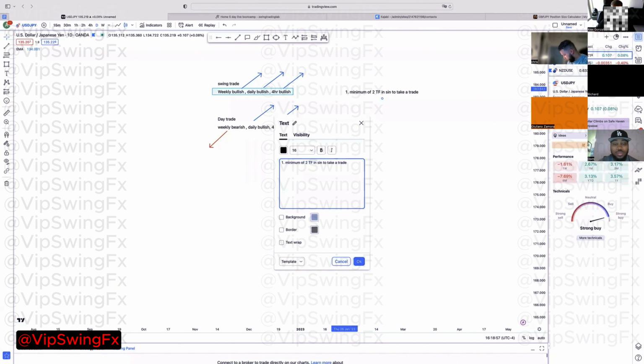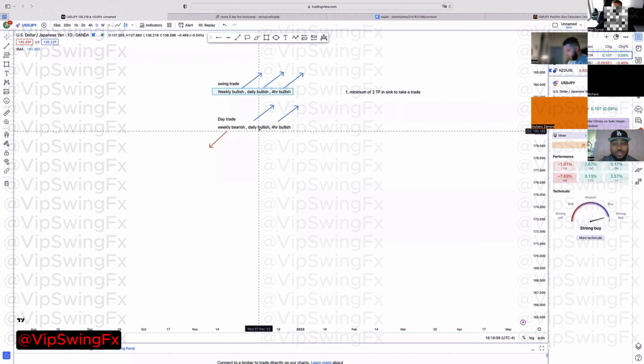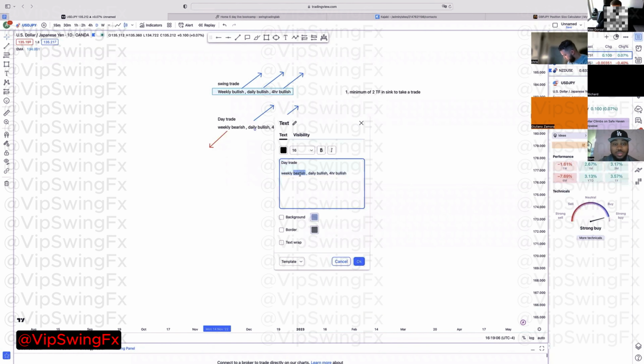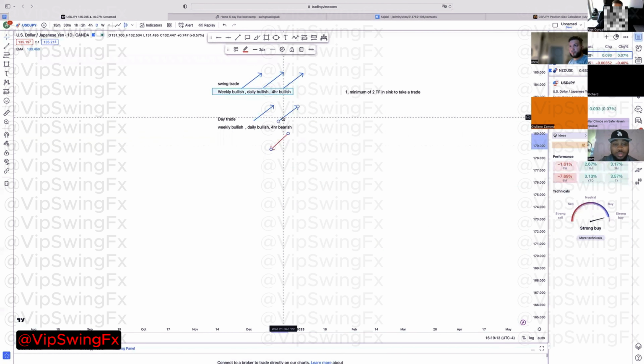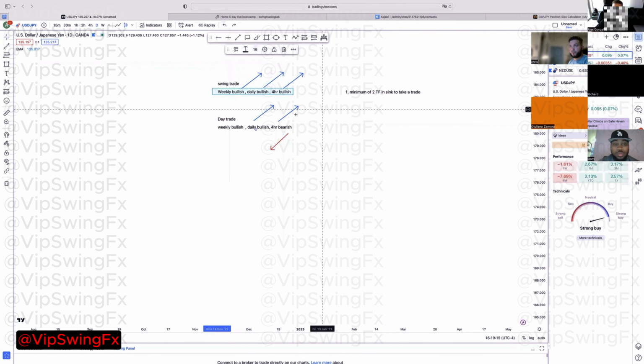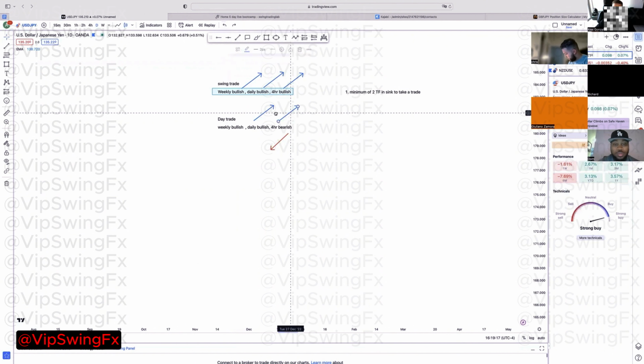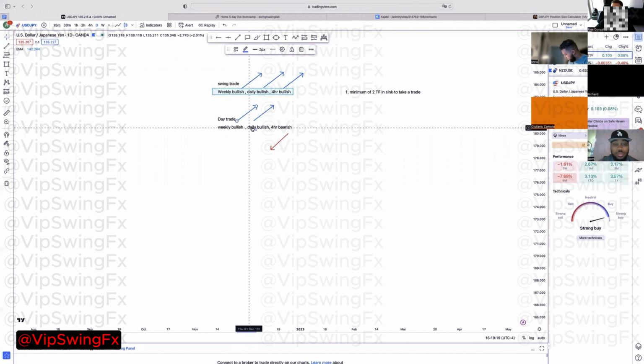As I mentioned, it basically has to be one after the other: 4-hour and daily, or weekly and daily. So for example, if this one is bearish, but both of these are bullish, that works. The most ideal is 2 time frames in sync.